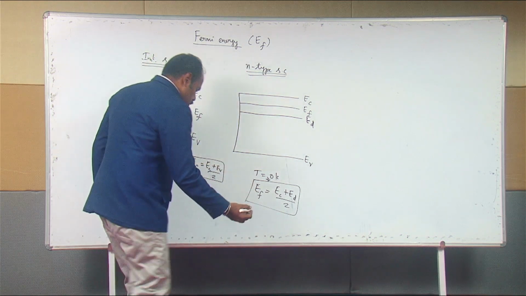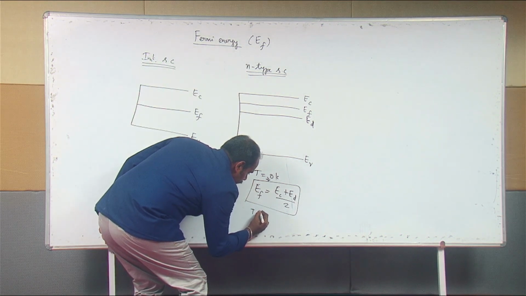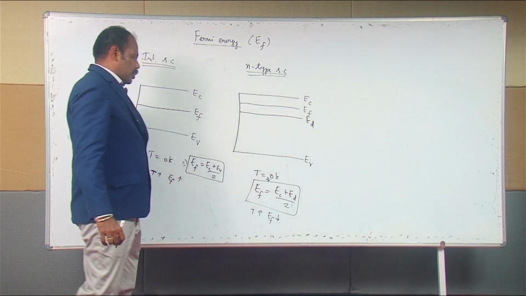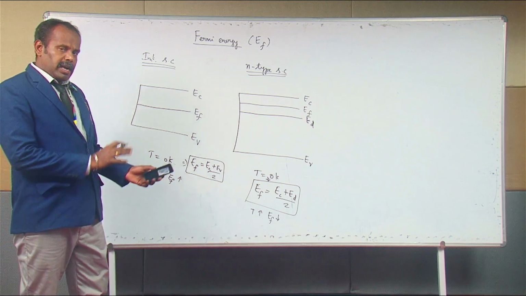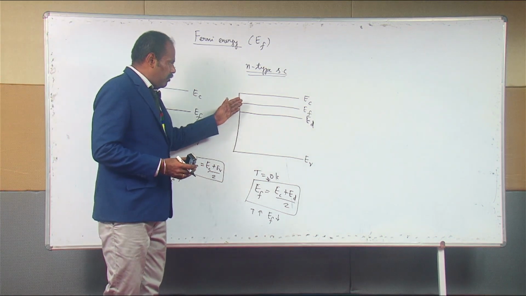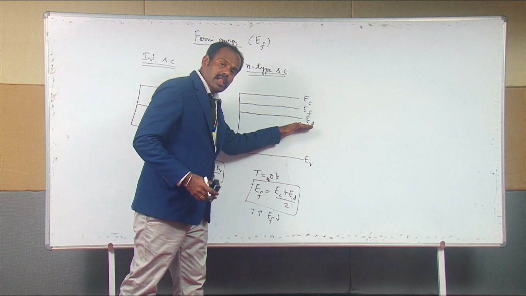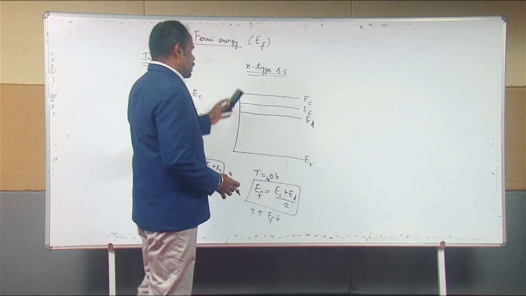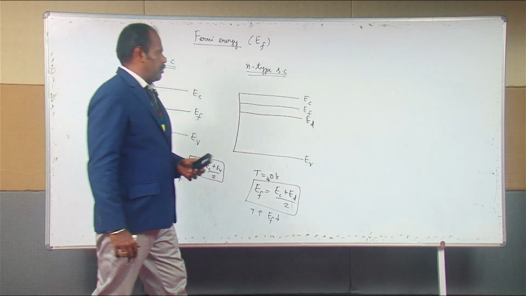It is also observed that when you increase the temperature, the value of the Fermi energy will start to slightly decrease, and at higher temperature it will coincide with the Fermi energy of the intrinsic semiconductor. This is in the case of the n-type semiconductor.